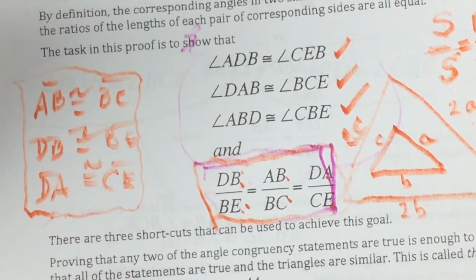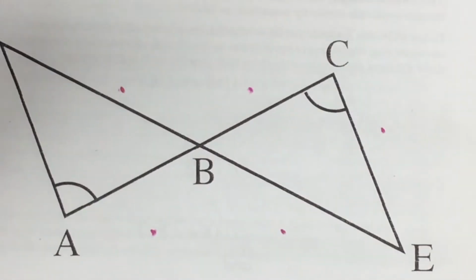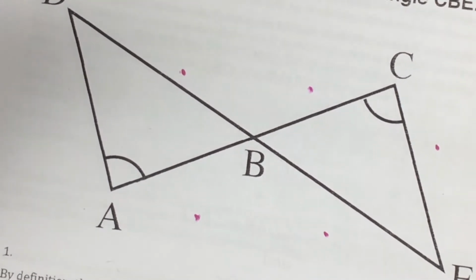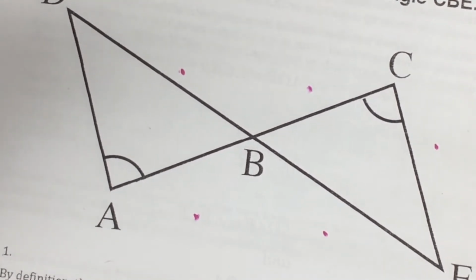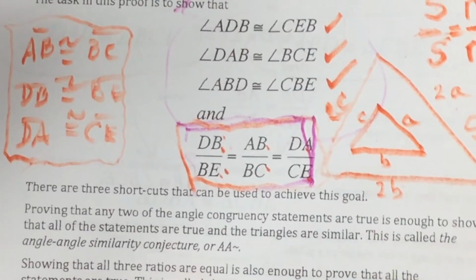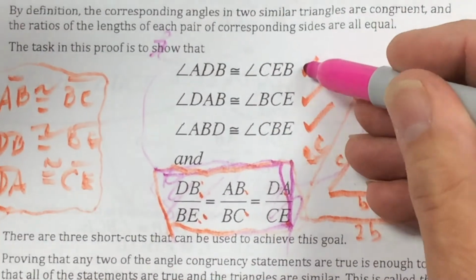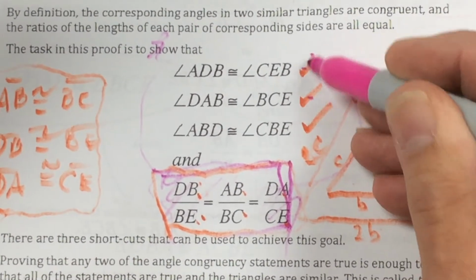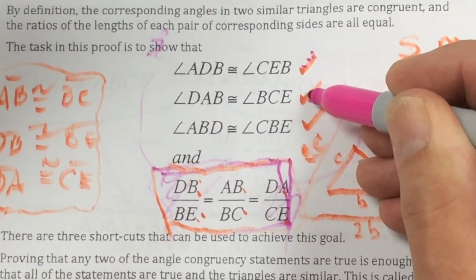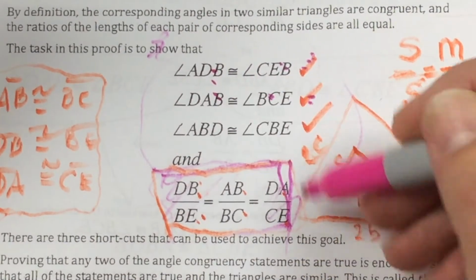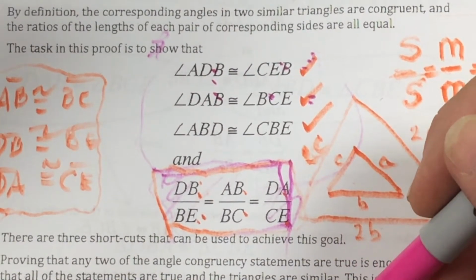Now, if you have a case like this, you don't have any sides at all. So you're not going to be able to show me any of this stuff. If you can show me two corresponding pairs of angles that are congruent, that's enough.